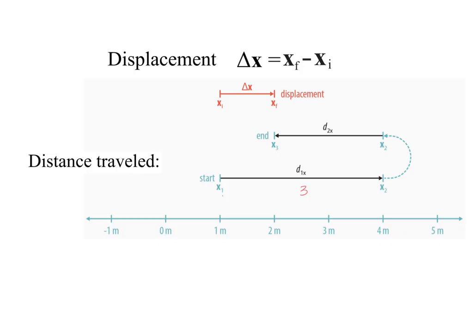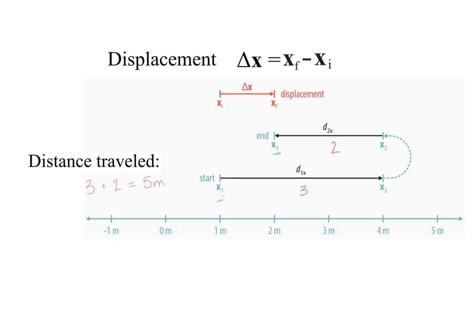So we traveled another 2 meters. So overall, the distance that we traveled, we moved 3 meters and another 2 meters. So we moved 5 meters altogether. However, if we look at displacement, displacement literally just wants where I ended, subtracting where I began.